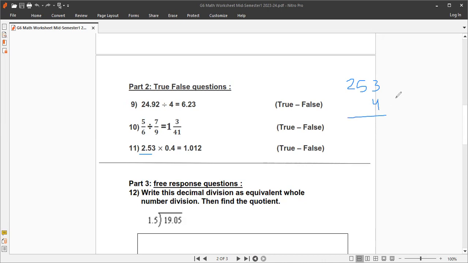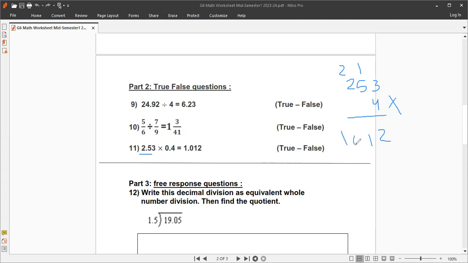Now I multiply. 4 multiplied by 3 equals 12. 4 multiplied by 5 equals 20, plus 1, 21.